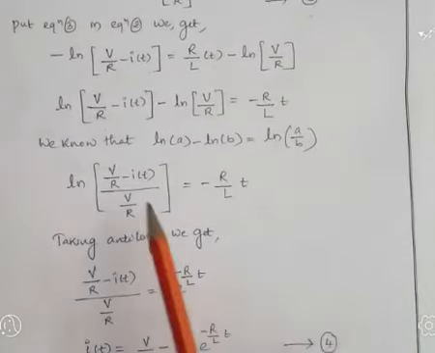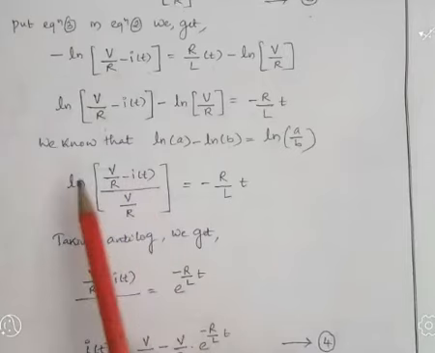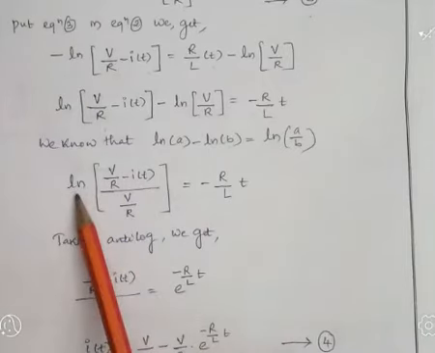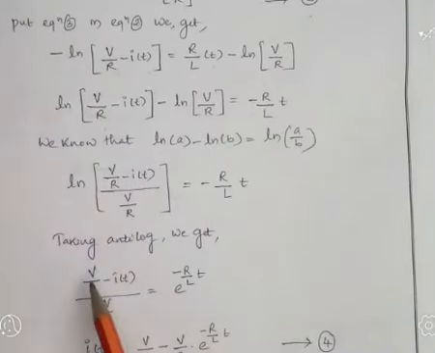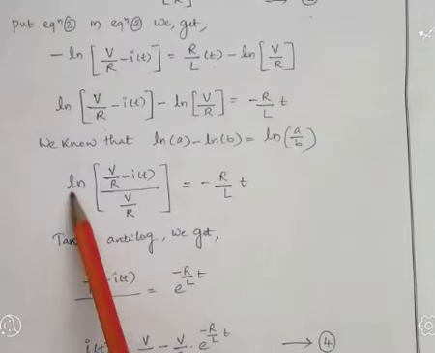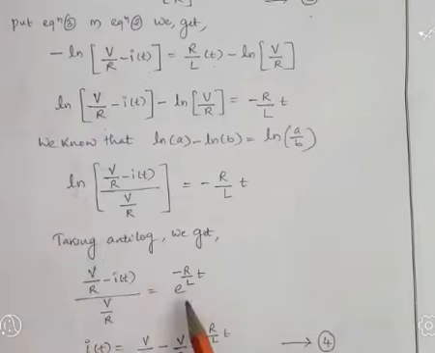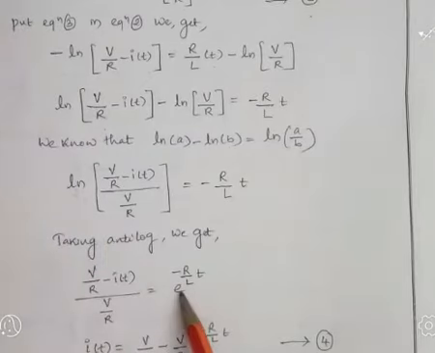This is a log term, correct? Let us take the anti-log. Then we will get (V by R minus I(t)) divided by V by R. Anti-log and log get cancelled, and anti-log means e to the power minus R divided by L into t.